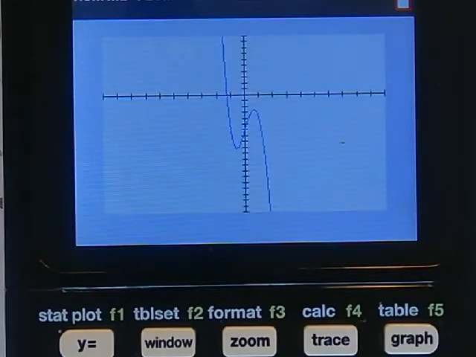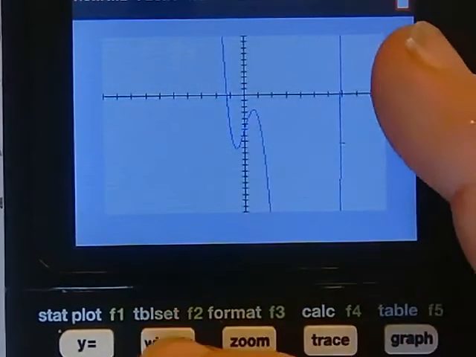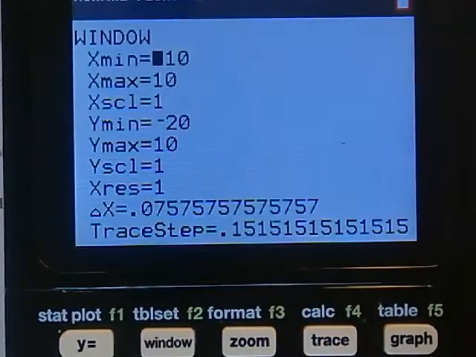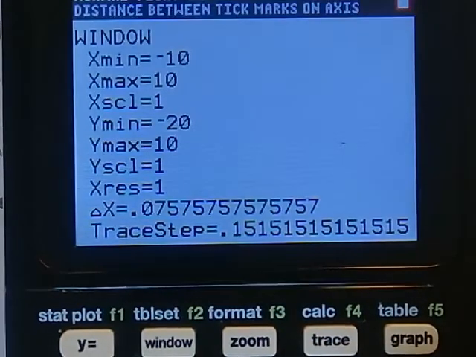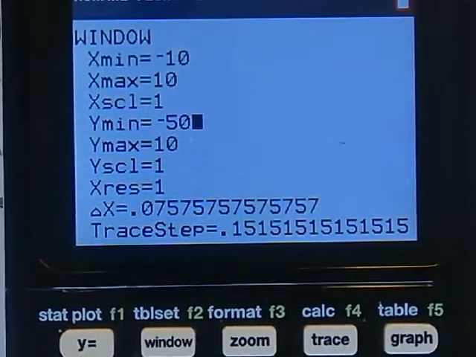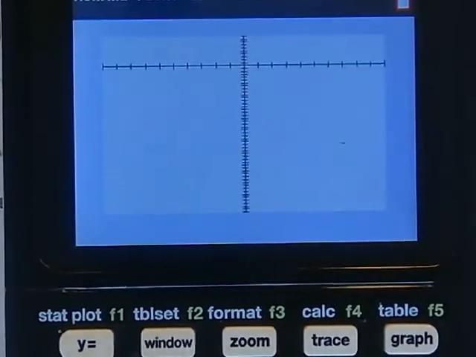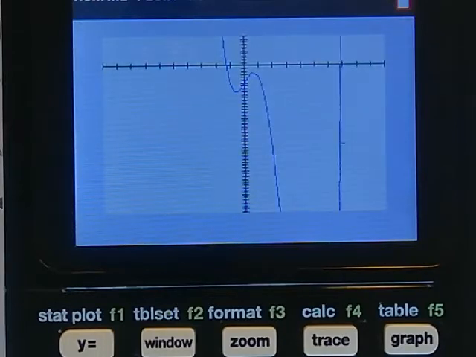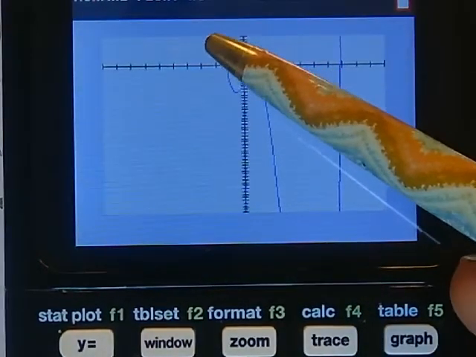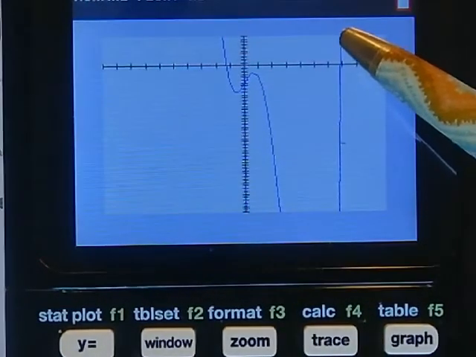No, I still didn't go down far enough. Let me go down a little farther. Window. Let's go down to negative, just to be sure, let's go down to -50 and graph it again. Well, I'd have to go down even farther. But the point is we can see that this does enter in the north and leaves in the north.